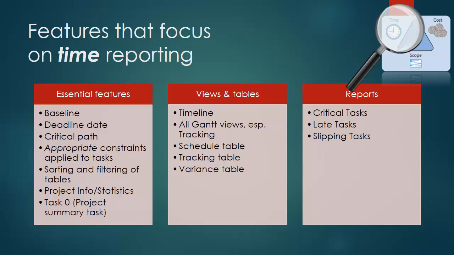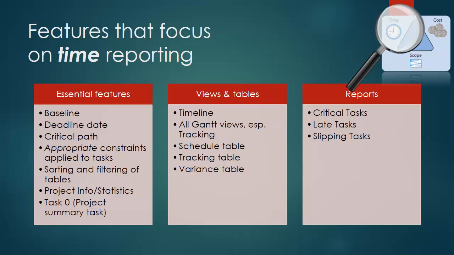I say appropriate constraints applied to tasks because what I observe is often people are trying to solve time-related problems, and when you get down to the root cause, they have applied hard constraints or inflexible constraints to tasks that did not really require them. It's not difficult to do in Project.